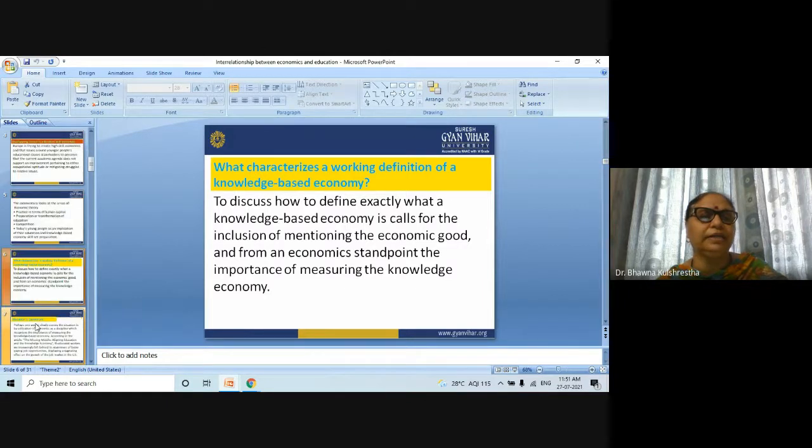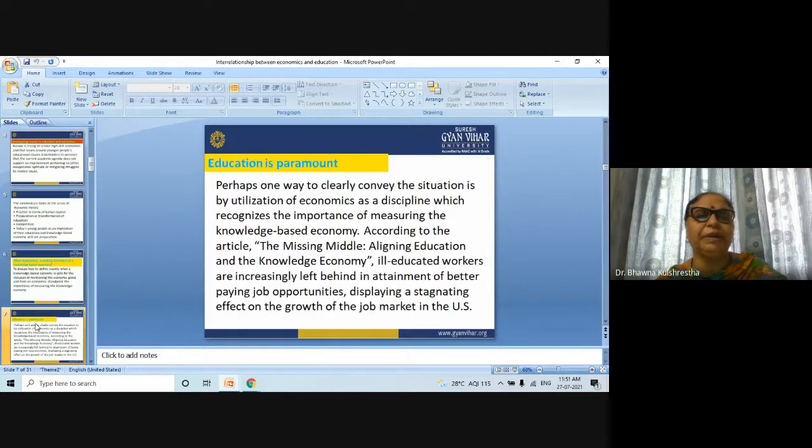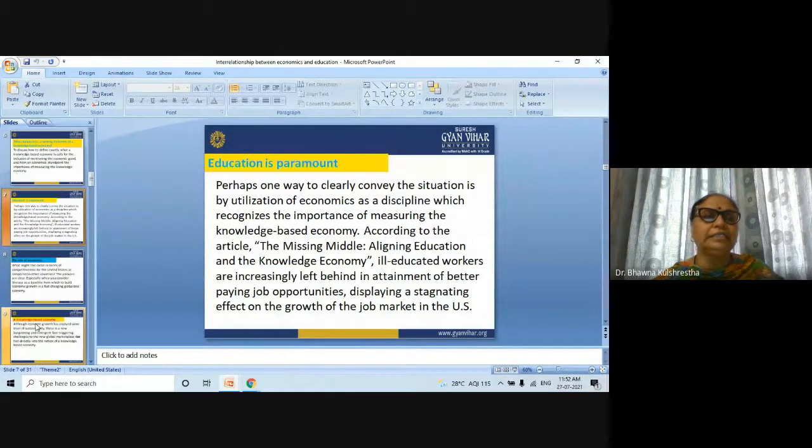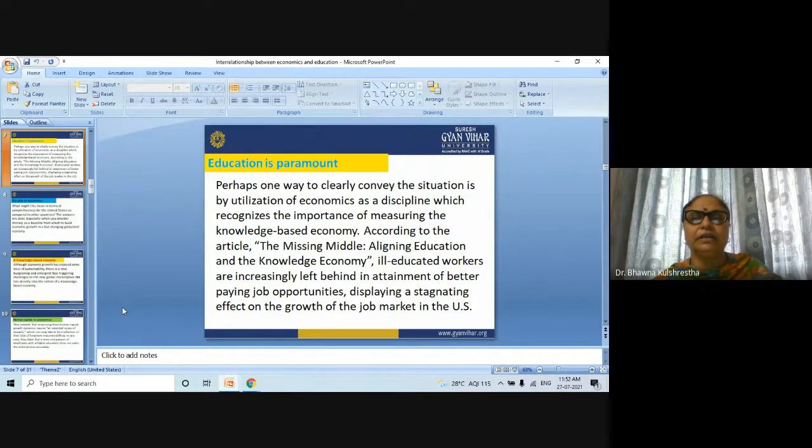And the next is education is paramount. Perhaps one way to clearly convey the situation is by utilization of economics as a discipline which recognizes the importance of measuring the knowledge based economy.